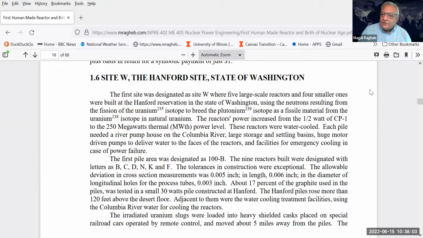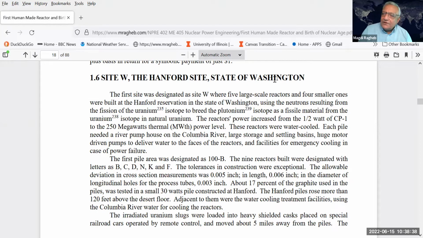And if you build a nuclear reactor, you produce a tremendous amount of heat, and you have to reject that heat. The 1/2 watt of the Chicago Pile number 1, it's a thermal watt, it was heat, had to be raised to the level of 250 million watts to produce significant amounts of the isotope plutonium-239. So they built 9 reactors, 9, not just 1 or 2, 9 reactors along the shores of the Columbia River in the state of Washington.